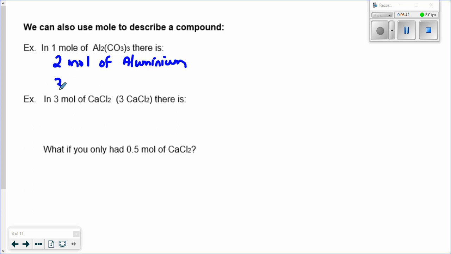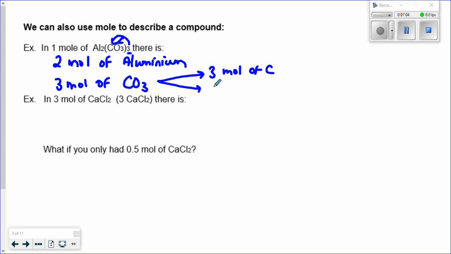and 3 moles, again this 3 applies to everything in the brackets, so 3 moles of carbonate, which we could then split into 3 moles of carbon and 9 moles of oxygen.